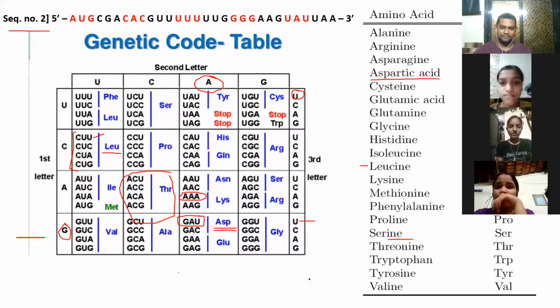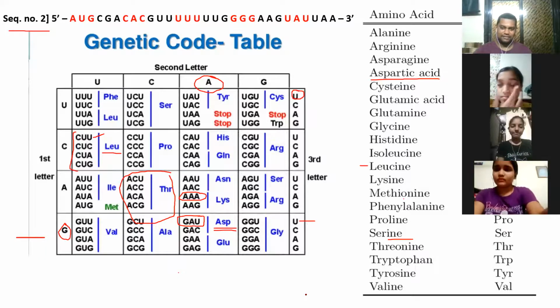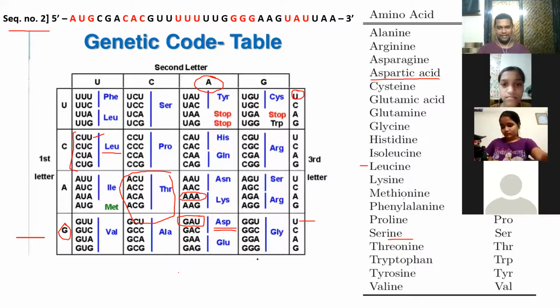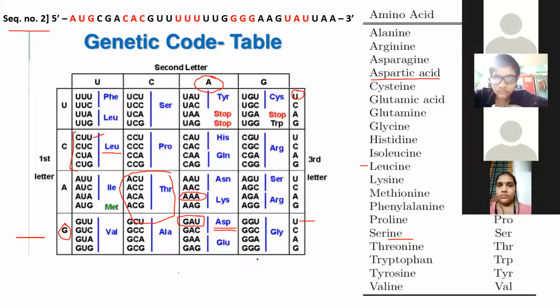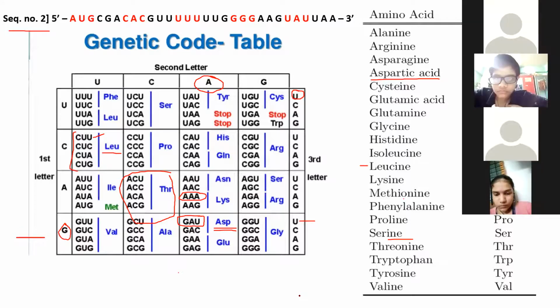Got it? So can you make the sequence of amino acids for this, looking at the table? Okay, I'll give you 2 minutes. Write the sequence and see. Again, all of your videos have gone off.